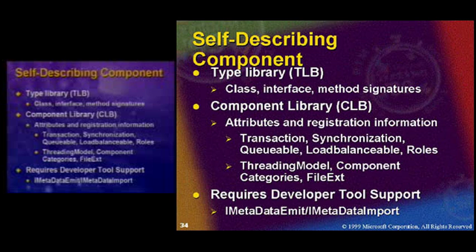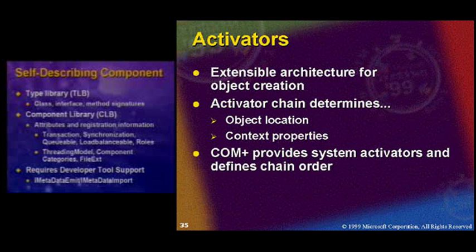I don't know how many people really use that for anything anymore other than loading the proper application when you double click on a file. But in order to have these self-describing components, you need to have developer tool support. So right now, there's really no way to create them until we get the next version of tools out. The tools use interfaces called IMetaDataEmit and IMetaDataImport to generate and read component libraries.